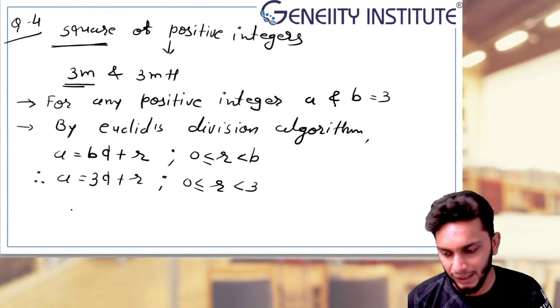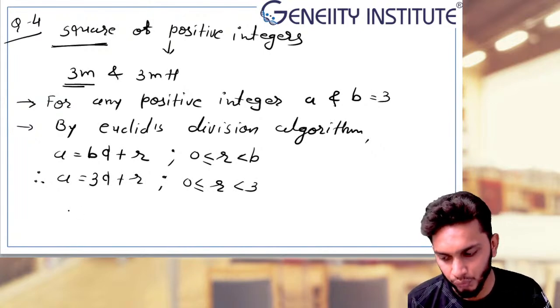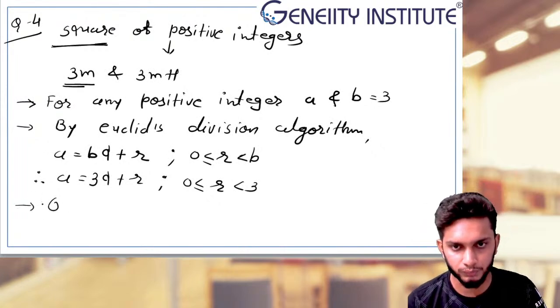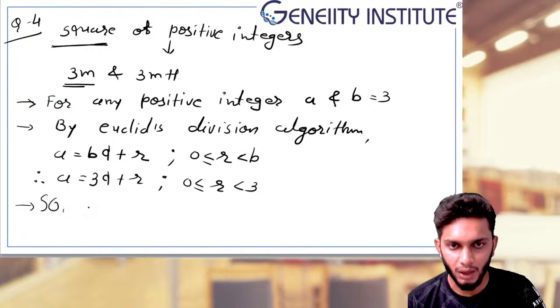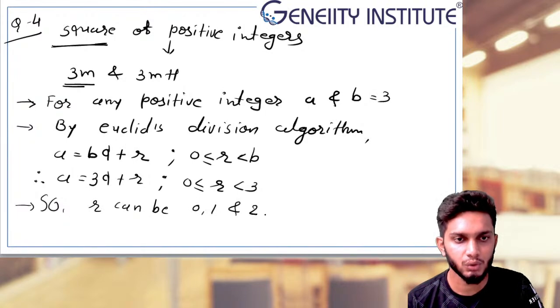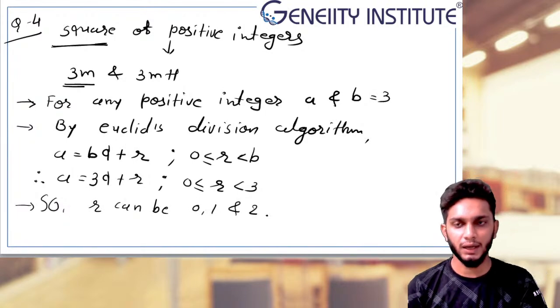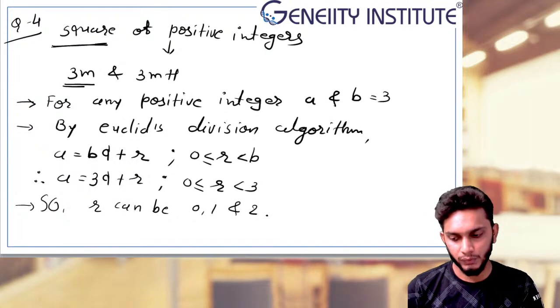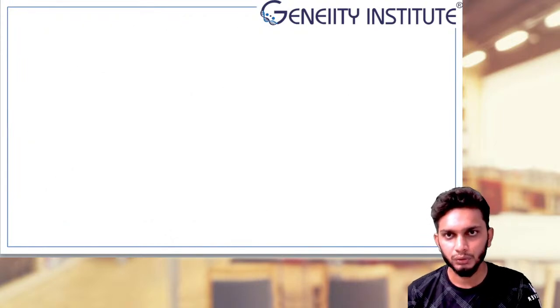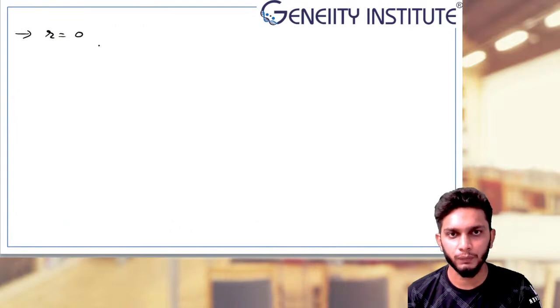So the value of r can be 0, 1 and 2. So first of all, take r equal to 0 at the start.